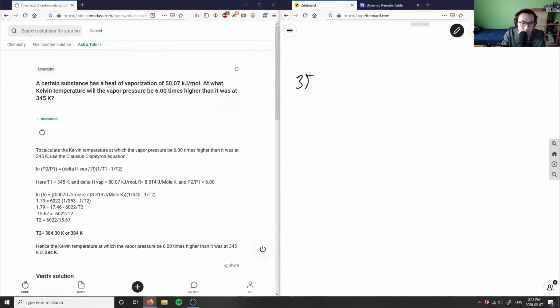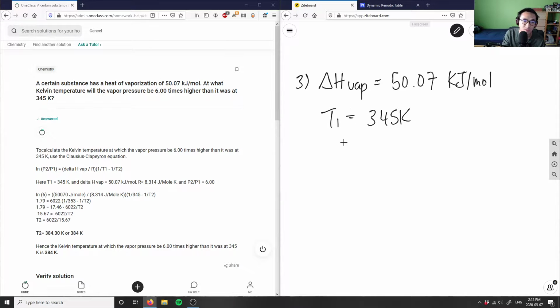So we have the heat of vaporization, delta H vaporization equals 50.07 kilojoules per mole. T1 here is 345 Kelvin, and we're looking for T2, obviously. T2 is our unknown here.